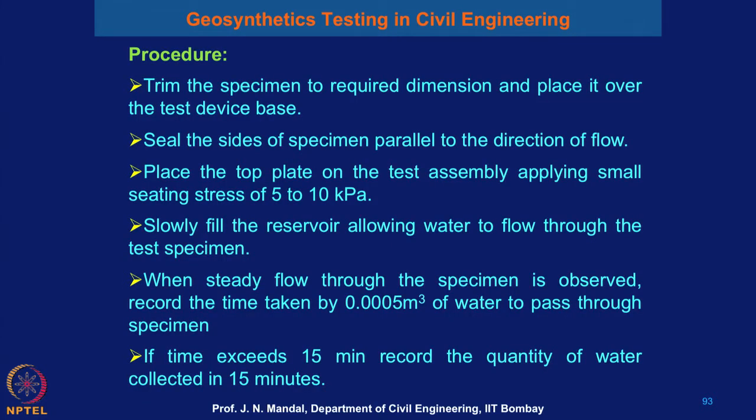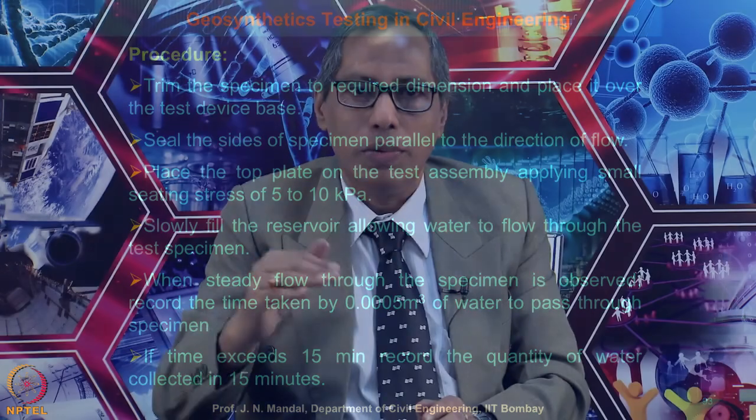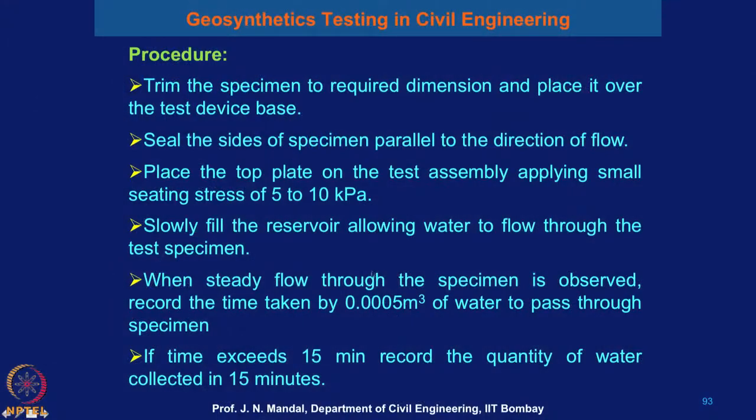So, the procedure: trim the specimen to the required dimension and place it over the test device base, and then align the side of the specimen parallel to the direction of the flow, and place the top plate on the test assembly, applying a small seating stress of 5 to 10 kilopascal.